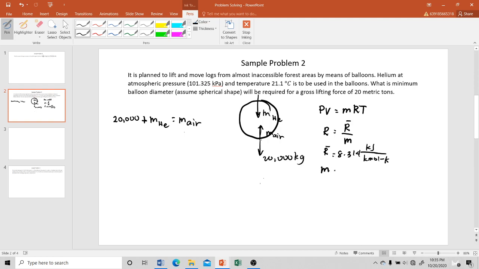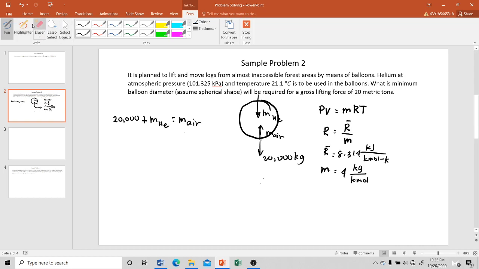The molar mass, the molecular weight of helium, is 4 kilograms per kilomole.